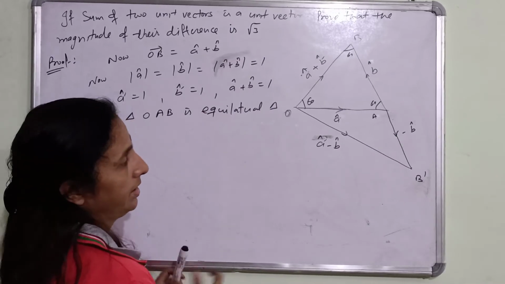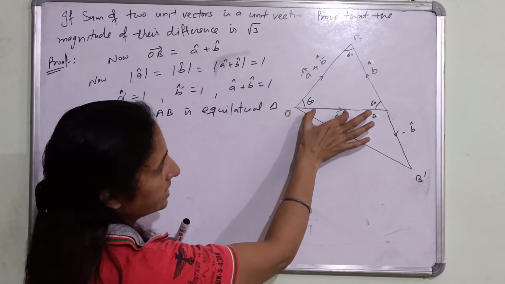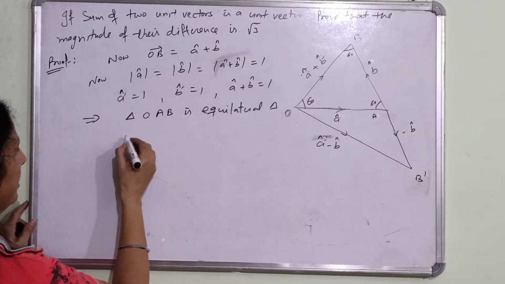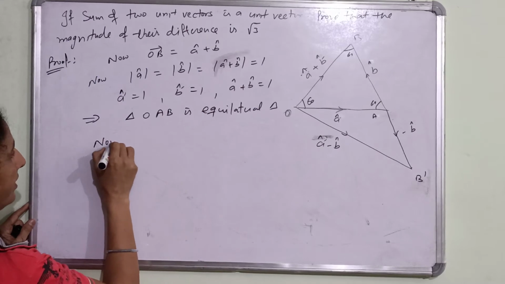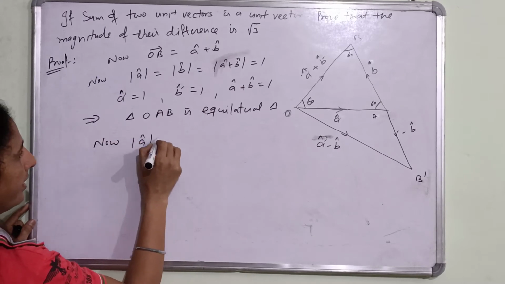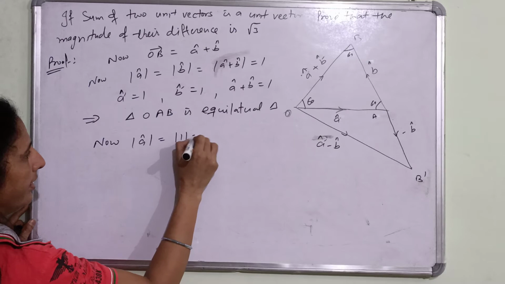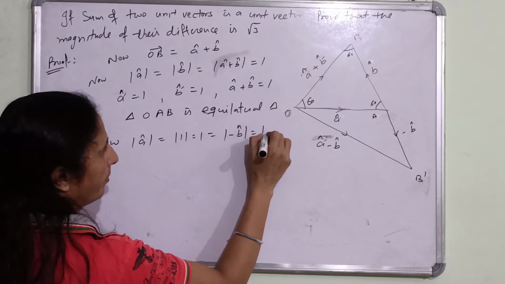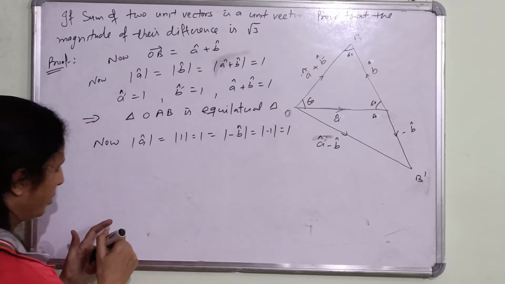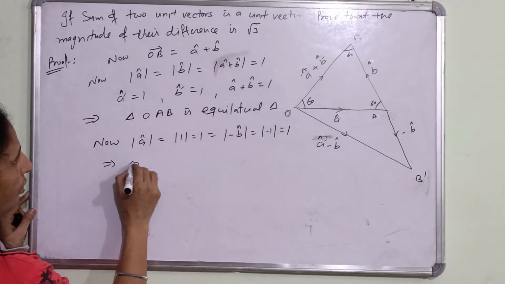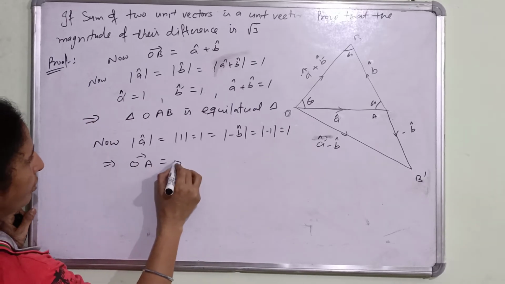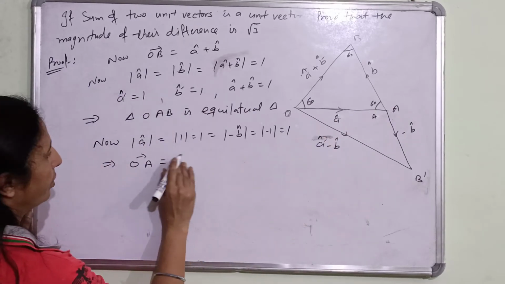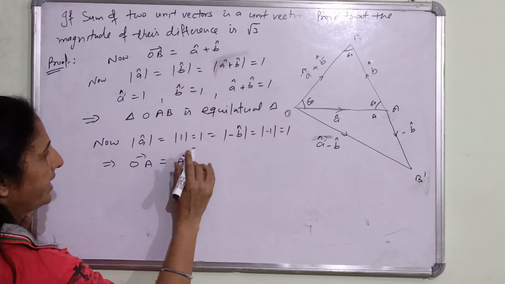Now let's see. This is A and this is B and both are equal. So OA equal to OB, OA equal to AB dash.